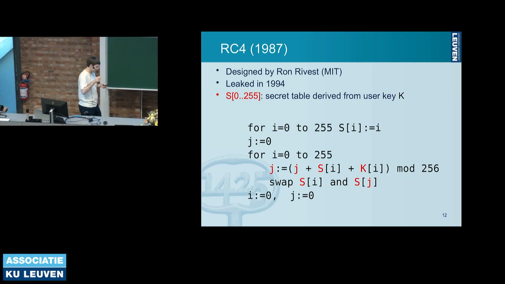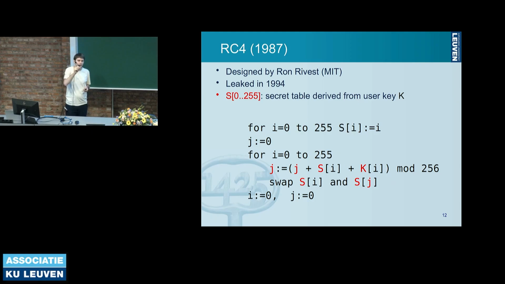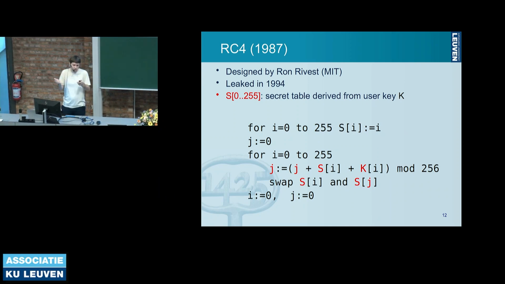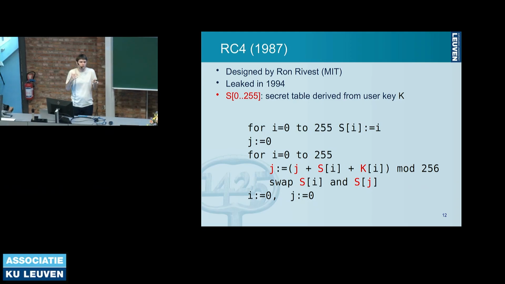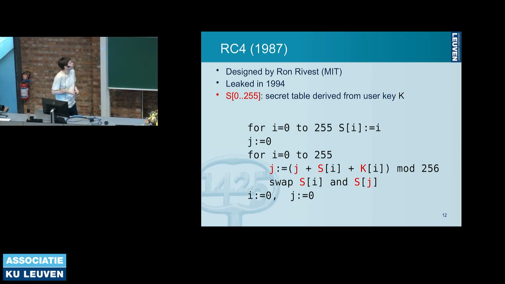Then I take position i and position j in this table and swap them. This swap depends on the key, and that's the essential thing. You repeat this several times, and you hope that if you do enough swaps, S starts to look like a random shuffle.